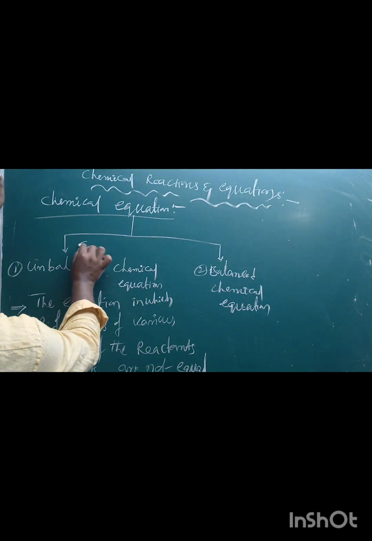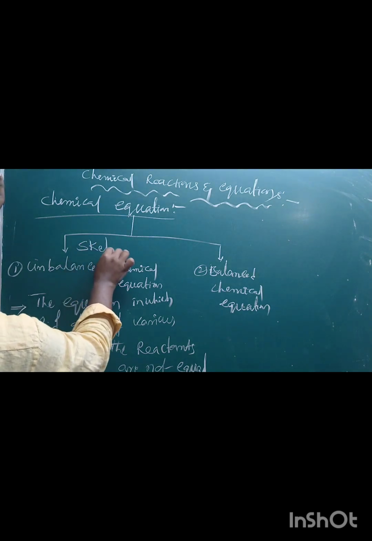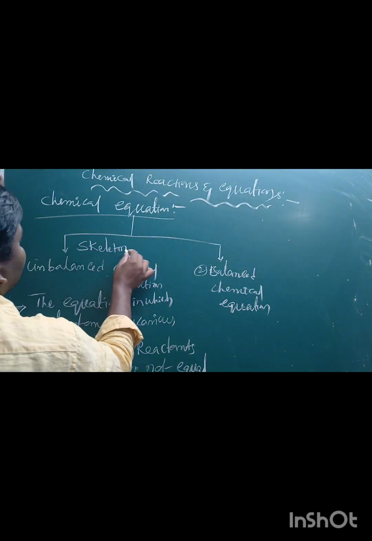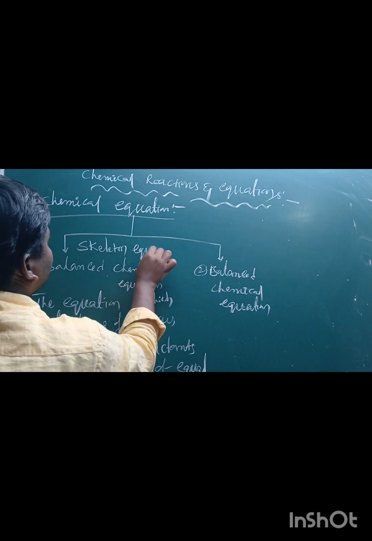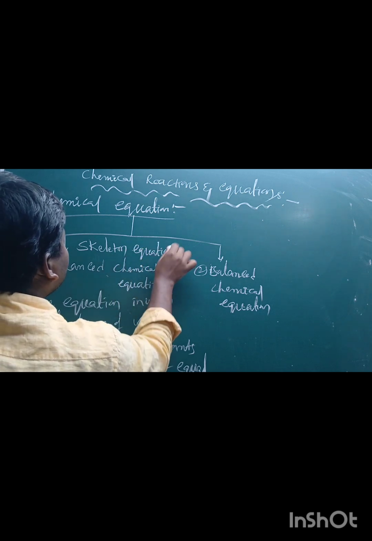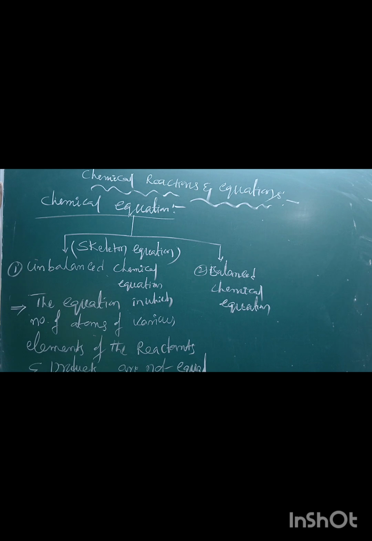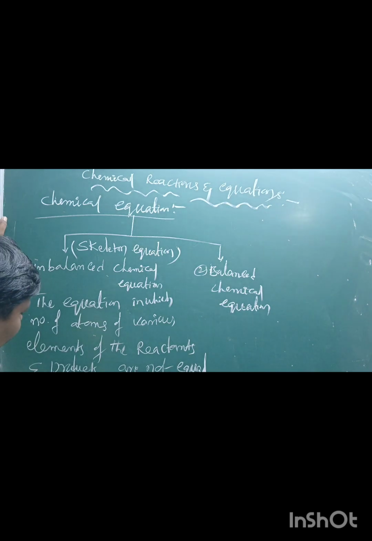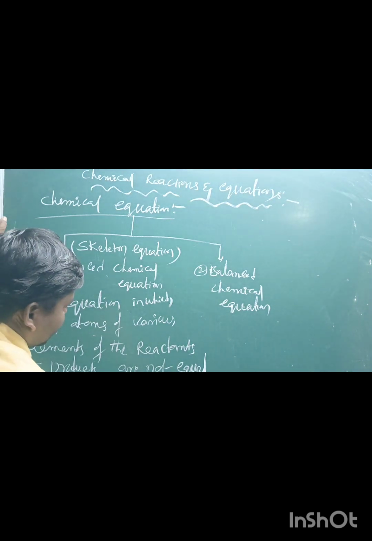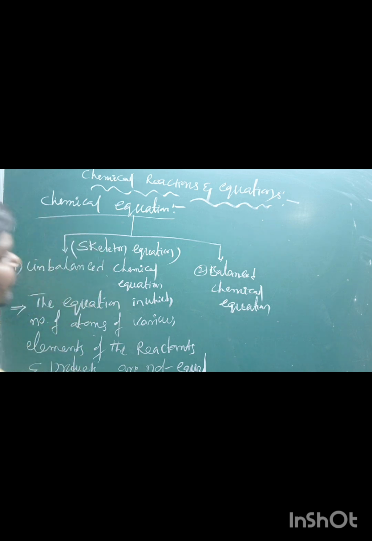It is also called a skeleton equation. Example for an unbalanced chemical equation: magnesium combines with oxygen to give magnesium oxide.